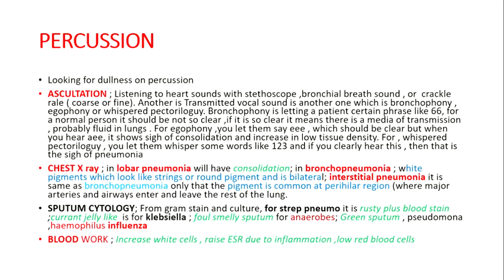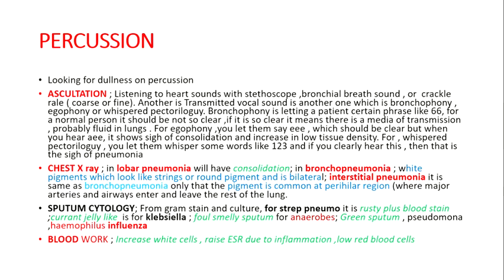So let's proceed. Percussion. When you percuss, you are looking for dullness. The only thing you will be looking for is dullness, any sign of dullness that will show there is consolidation. Another thing is auscultation. Auscultation is listening to sounds, such as heart sounds, but here we'll be listening over the lung.